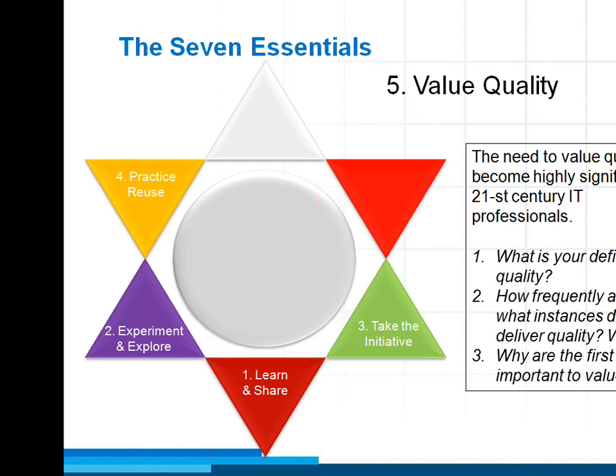So as project managers, what is our definition of quality? How do we define the quality of our relationship with our team members? The quality of relationship with our partners. And how frequently do we deliver quality, and what differences do we deliver?